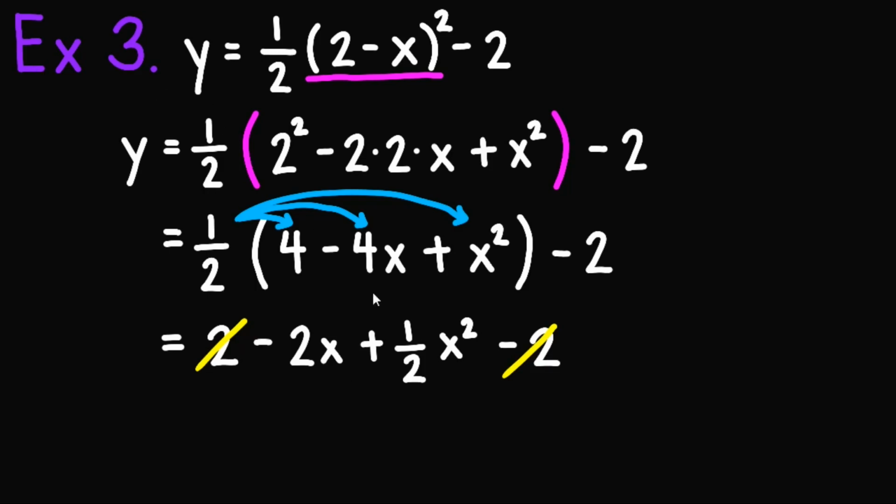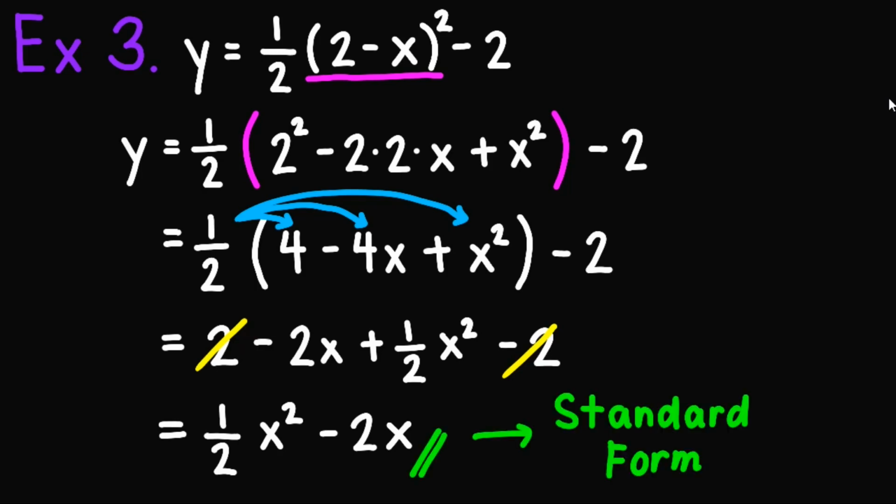So we can move this out here. We'll have 1/2 x squared minus 2x. Observe that this out here is already in its standard form. So this out here is the final answer for this problem, since we had successfully converted the vertex form into its standard form. So that's it for this example.